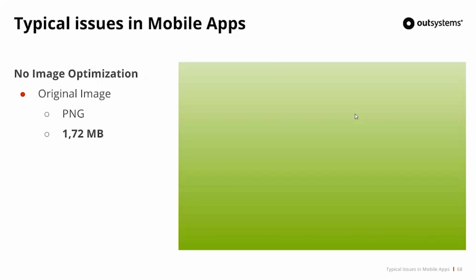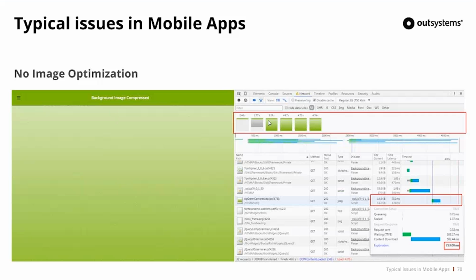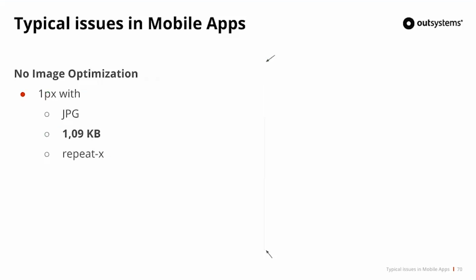So we compressed it in a lot of ways, and we used optimizilla.com. You can use that. It's a very good website to compress images, and we got a very good image size. However, it takes too long again. It takes almost 3 seconds to load that image. So that is not what we want.